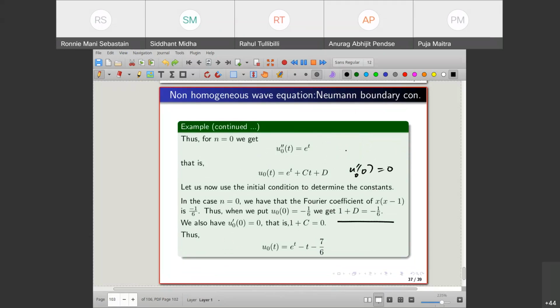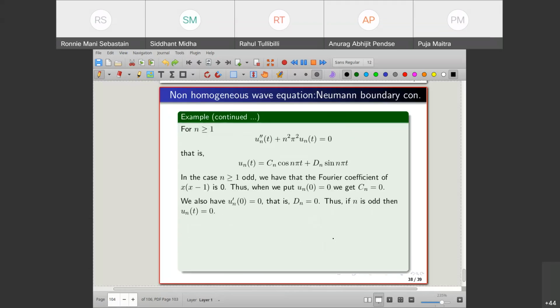So when we take the derivative, we get u0'(t) is equal to e^t plus c. Right, so we get this condition. So using this, we solve for c and d, and therefore we get this. So this is the value of u0.